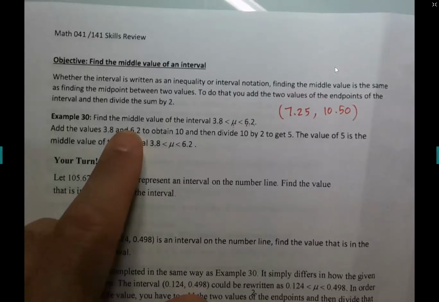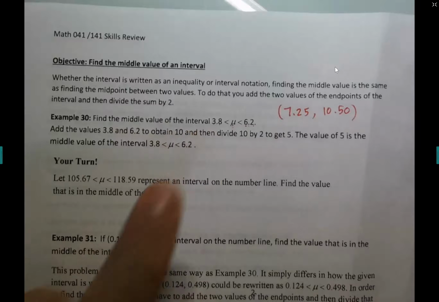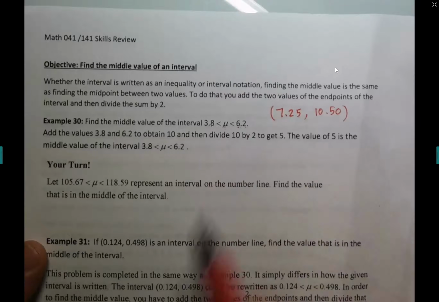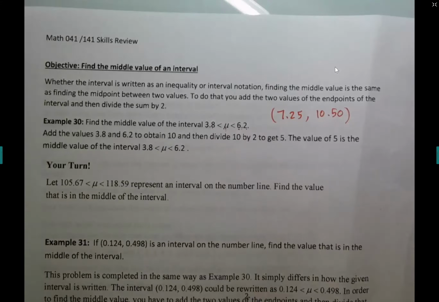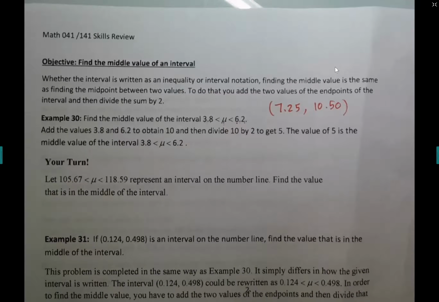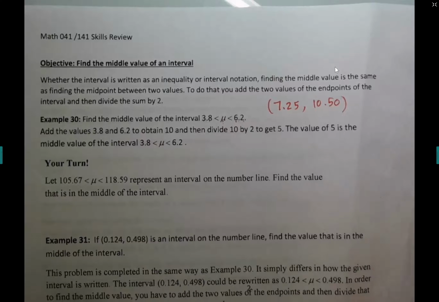The question, guys, is how can I find the middle value of an interval? So if you have an interval of values from 3.8 to 6.2, where is the middle of the interval? Does anyone have an idea on how to find the middle? What would you do? Add and divide by 2, no? Exactly. The middle is the average.